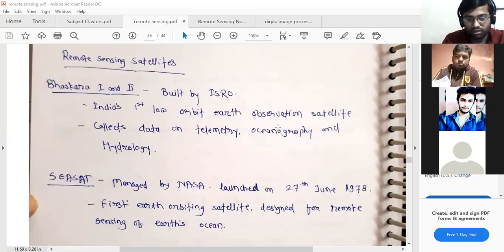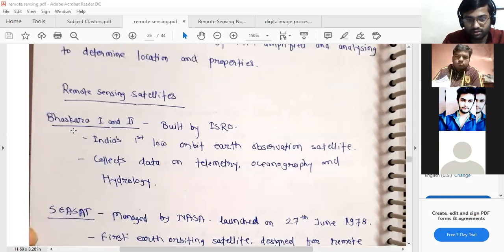Then we have so many remote sensing satellites, starting from Bhaskara 1 and 2, built by ISRO, India's first low orbit Earth observation satellite. We are using Bhaskara for Earth observation, collecting data on telemetry, oceanography, hydrology.